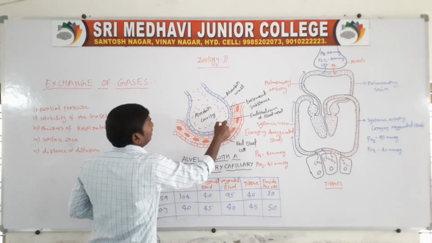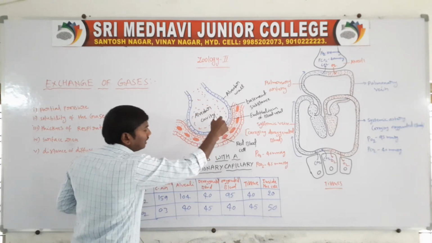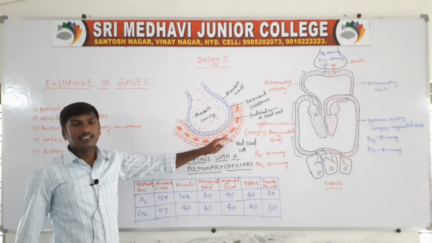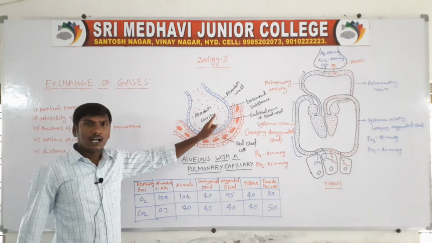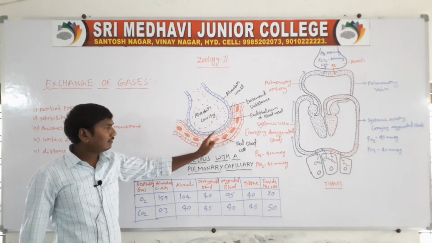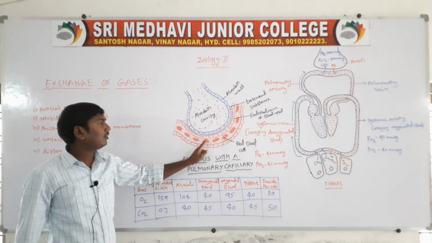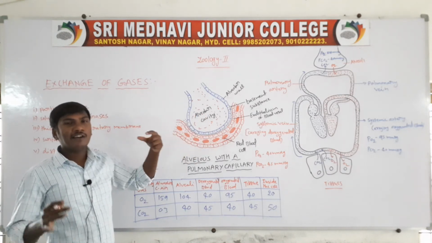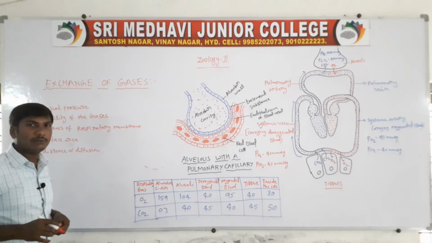The air diffuses into the blood vessels. Oxygen diffuses from the alveoli into the blood vessels. Carbon dioxide goes from the blood vessel into the alveolar cavity. So these are the partial pressures.